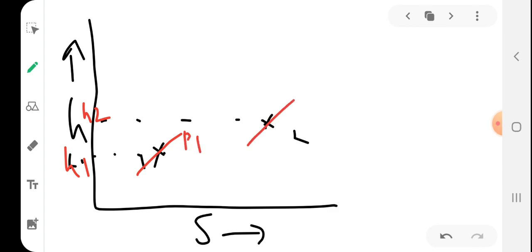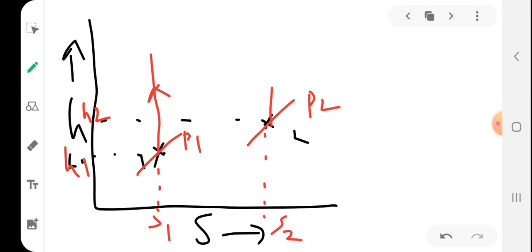So this is P1, this is P2, and I am isentropically decelerating, which means the isentropic process will be vertical because here S should remain constant, S1, S2.